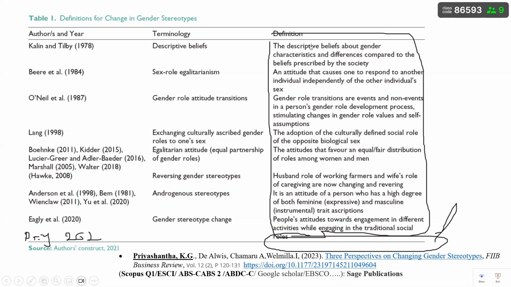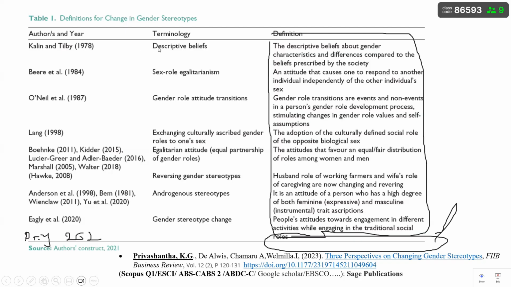So by reviewing the definitions, you can create your own definition by analyzing all the patterns, all the components and terminologies highlighted. These terminologies depend on the time, because as you know, any concept evolves over time.